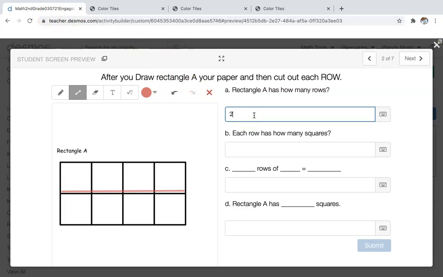Okay, we have 2 rows. We know there's 4 squares. 2 rows of 4 is going to give me 8. And we know that we had 8 tiles or 8 squares. So rectangle A has 8 squares.